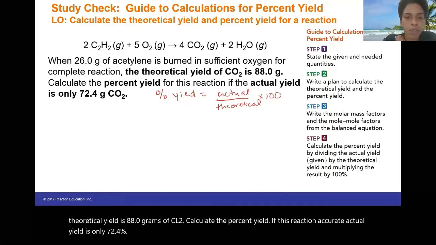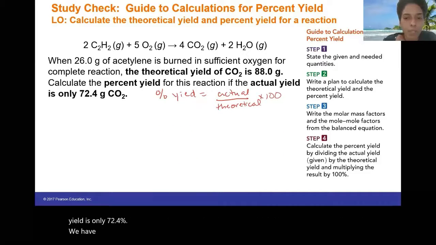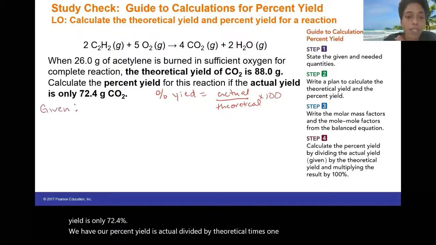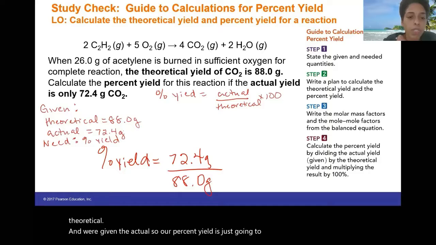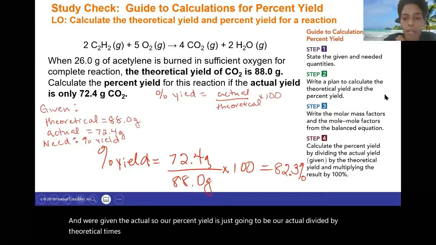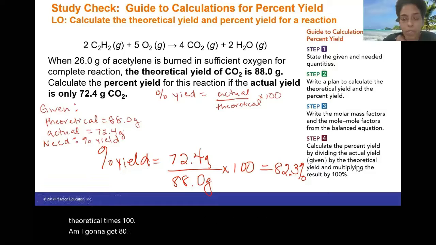Well, we have our percent yield is actual divided by theoretical times 100. So we're given the theoretical and we're given the actual. So our percent yield is just going to be our actual divided by theoretical times 100, and we're going to get 82.3%.